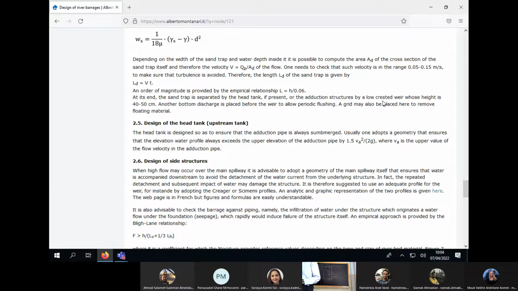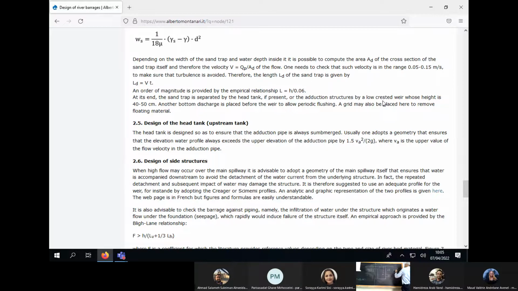Let me check what is the symbol that I used. No symbol. Okay, very good. So let me just make sure that I have a delta H here, which should be, let me indicate with V again, the velocity in the pipe, at least 1.5 V squared divided by 2G.